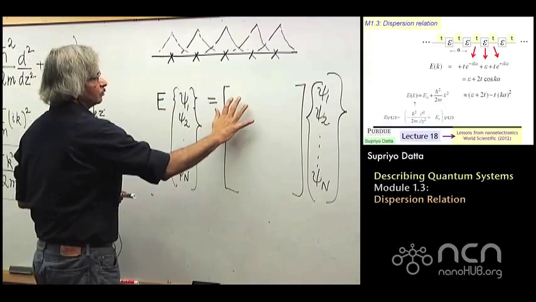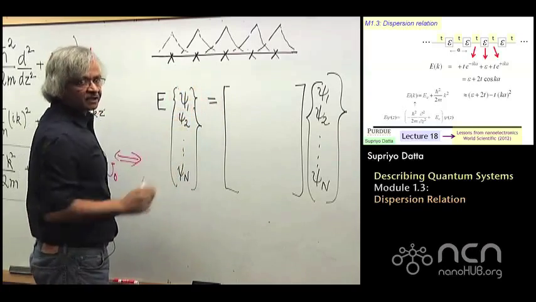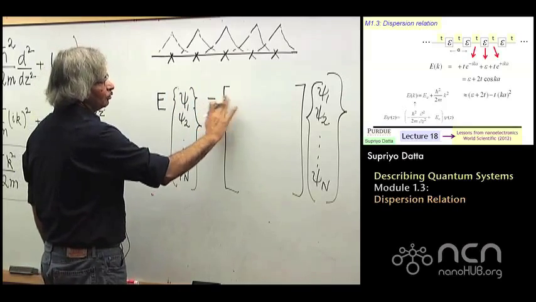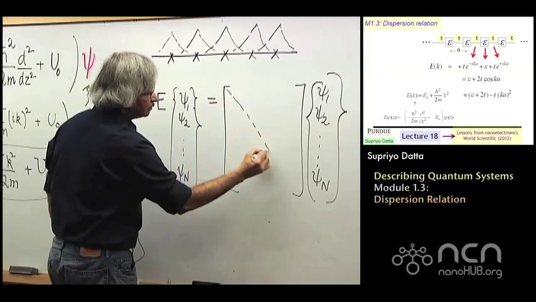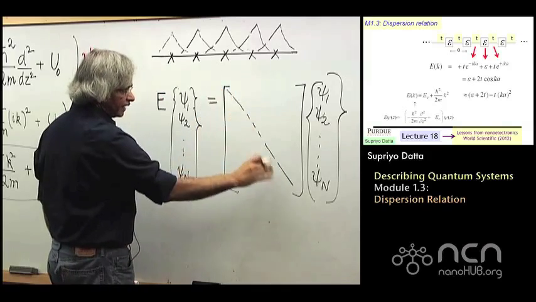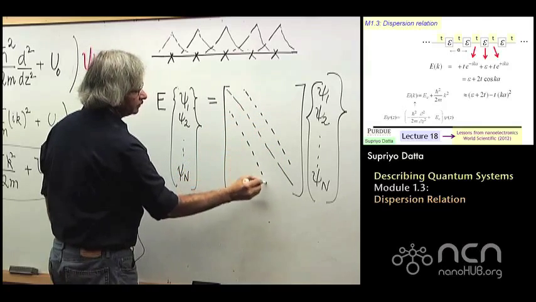And what does this matrix look like? Well, this is a nearest neighbor tight binding model. What that means is you only have non-zero elements on the diagonal, or on the upper diagonal, or on the lower diagonal.